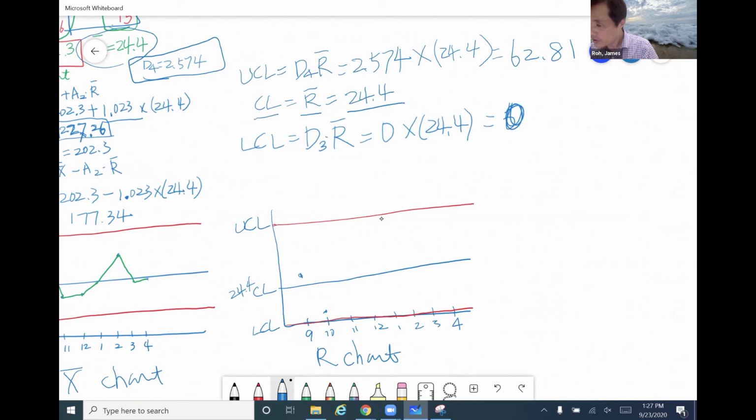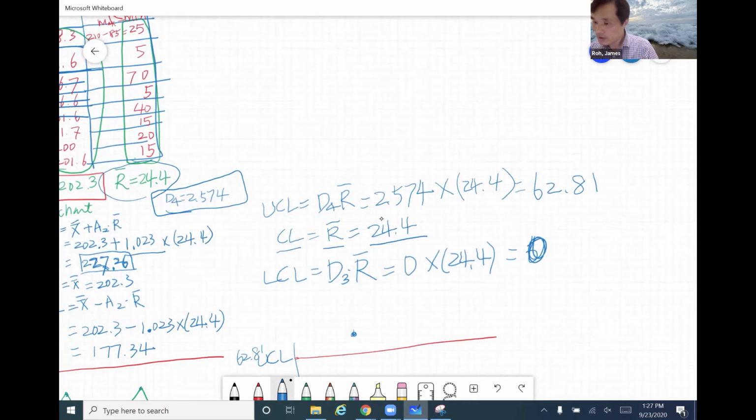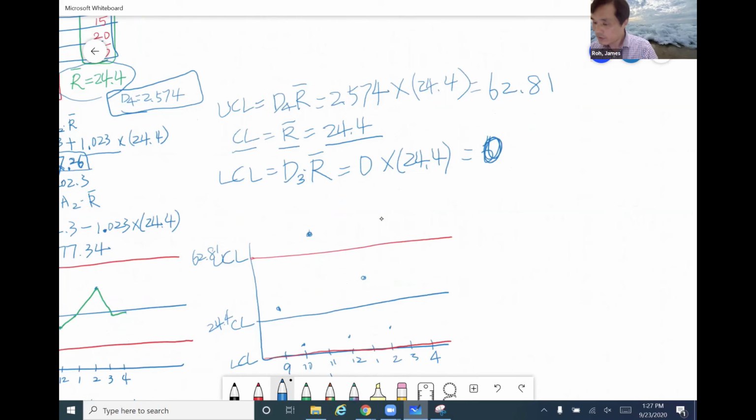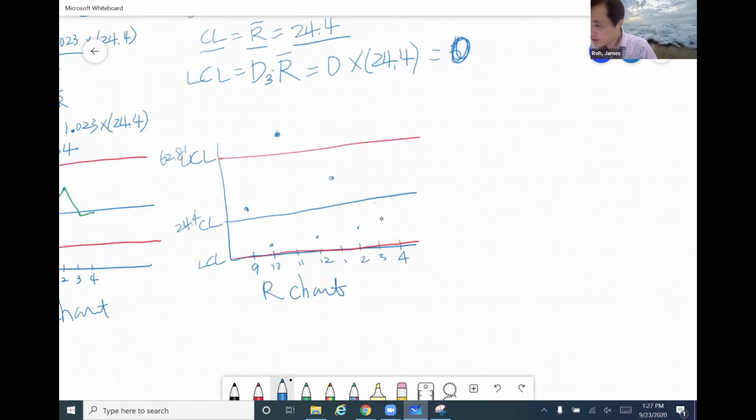So look, this is 62, and 70 is right here, and 12 o'clock, 5, 40, 15, and 20, 15, and you connect them together.